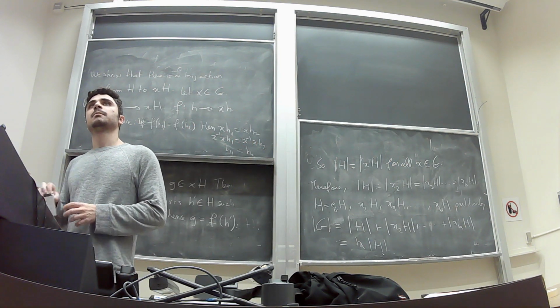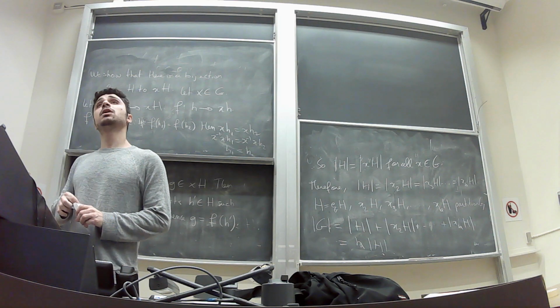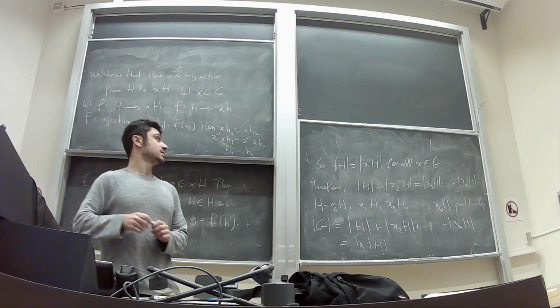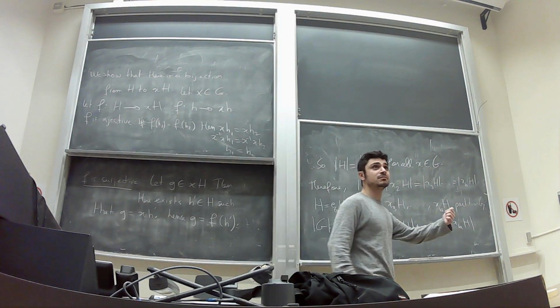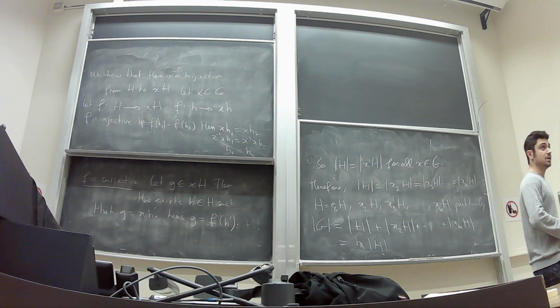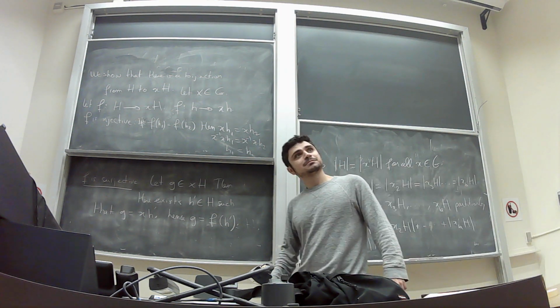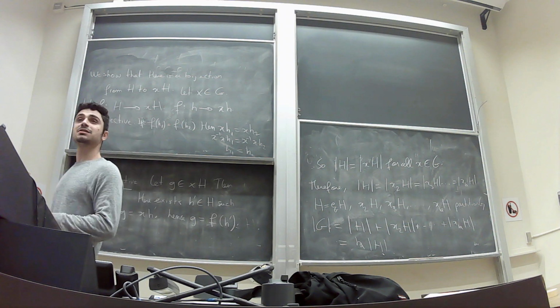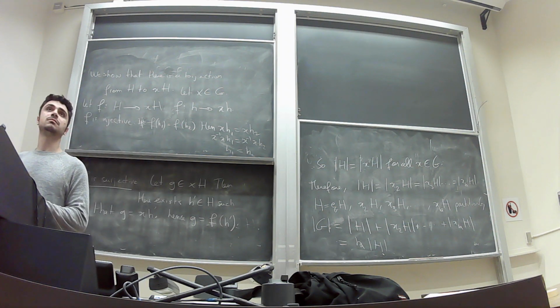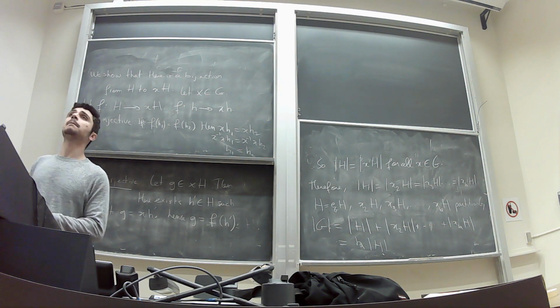But you can have an infinite group G and an infinite group H where K is finite. The number of equivalence classes is finite, and you've seen one.